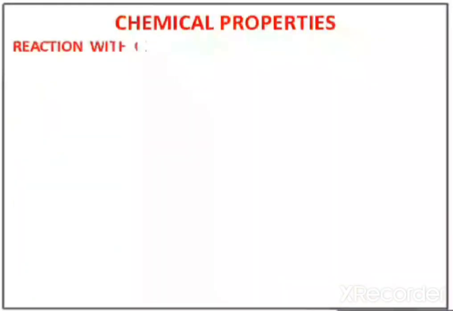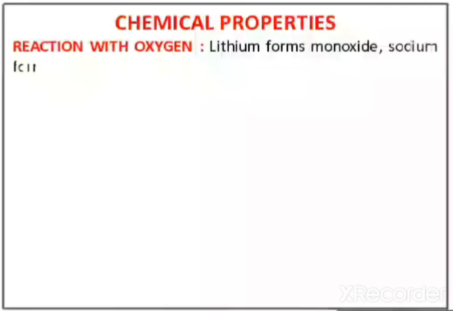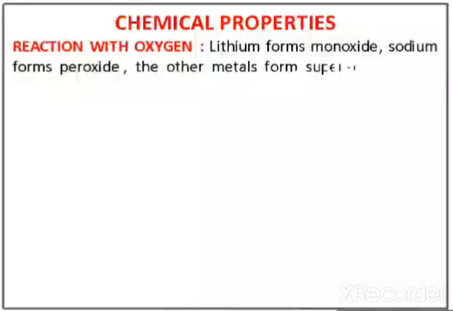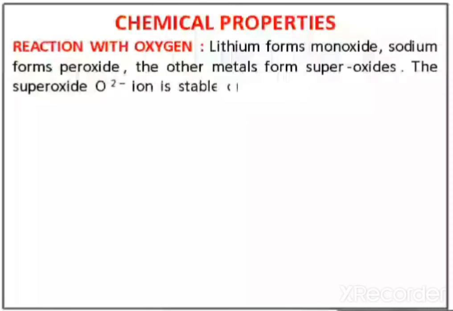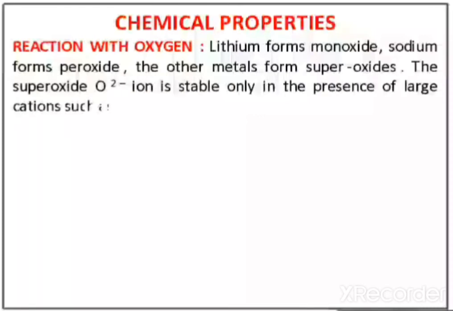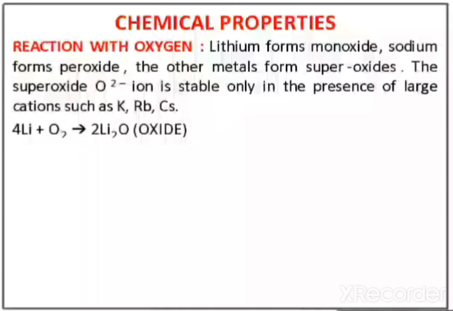First chemical property: reaction with oxygen. As you know, lithium forms monoxide, sodium forms peroxide, and the other metals form superoxide. Now what are oxide, peroxide and superoxide? If lithium reacts with oxygen, it forms Li2O.